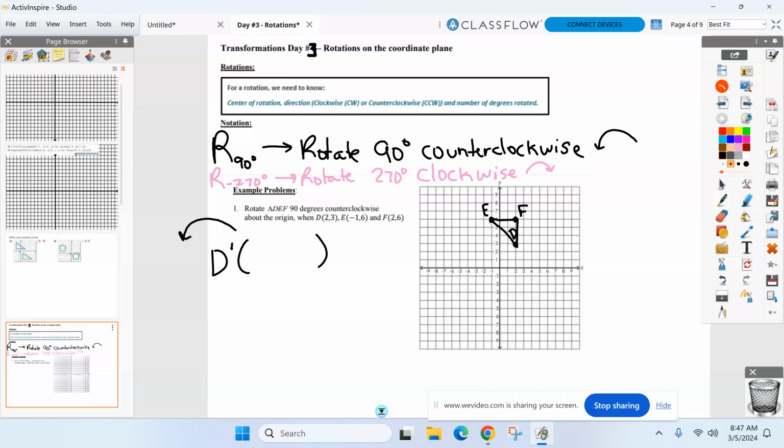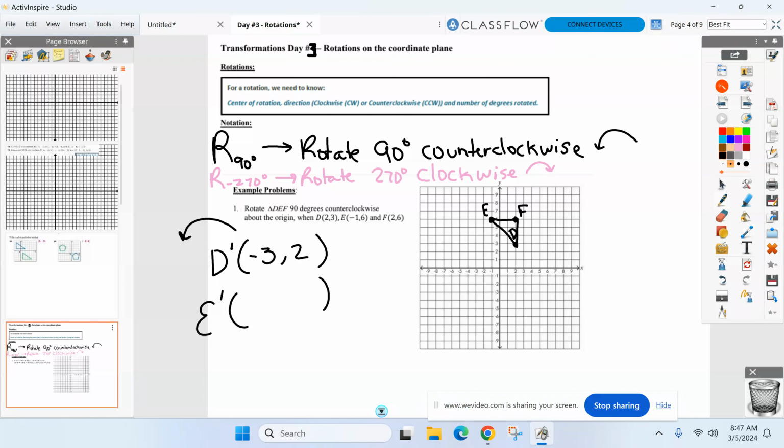Where's E now? Make sure your paper is turned 1/4 turn to the left. Where is point E? Look at point E right now because it's no longer at -1, 6. Where is it? Anybody have it? -6, -1. Yes?